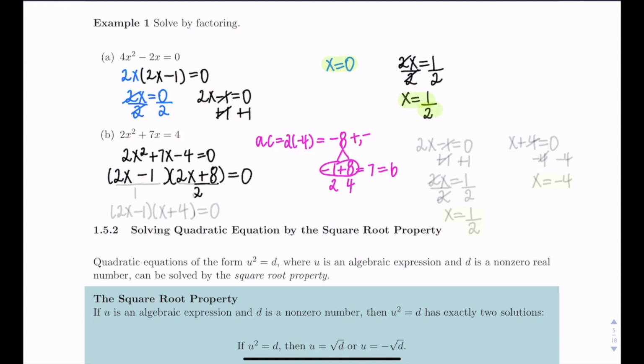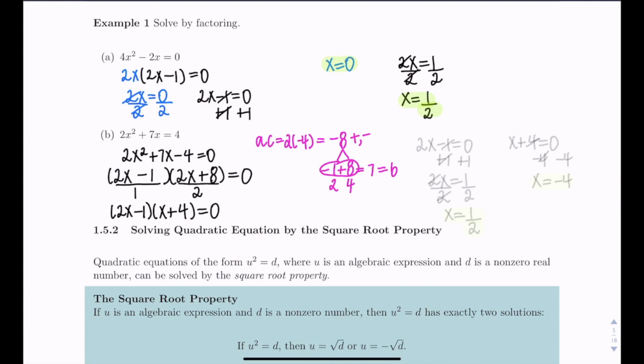Between a 2 and a negative 1, they only have a 1 in common. Between a 2 and an 8, they have a 2 in common. So what I have is 2x minus 1 times x plus 4 is equal to 0, so the left-hand side is completely factored.